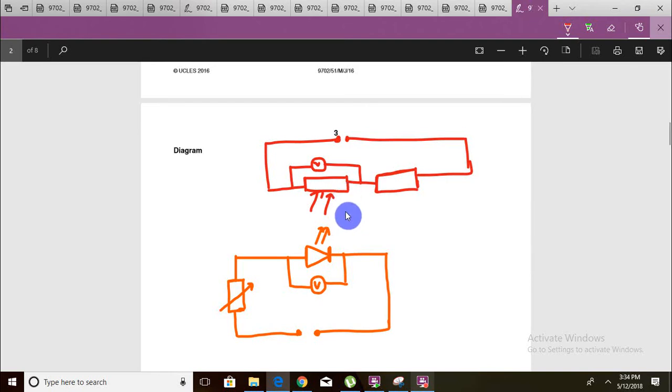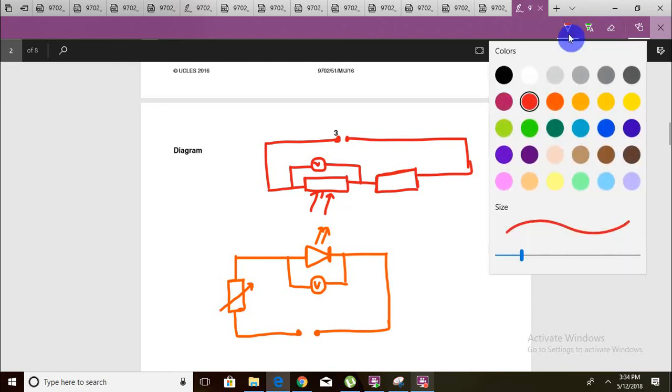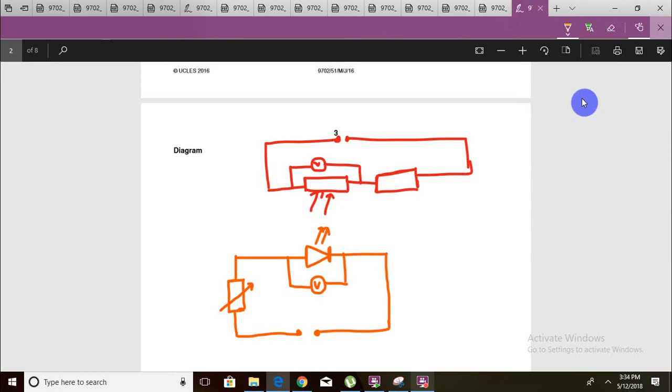Yep, distance. So the distance between the LED and the LDR needs to be a constant, and it needs to be very short, because light intensity decreases pretty quickly over distance. So this D needs to be small.